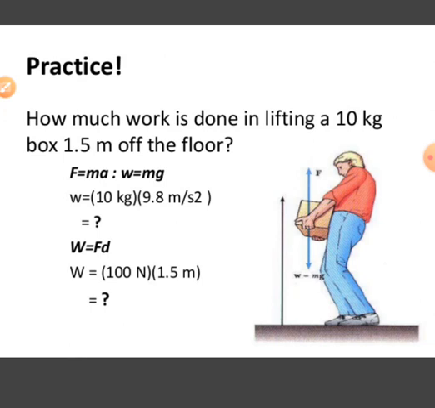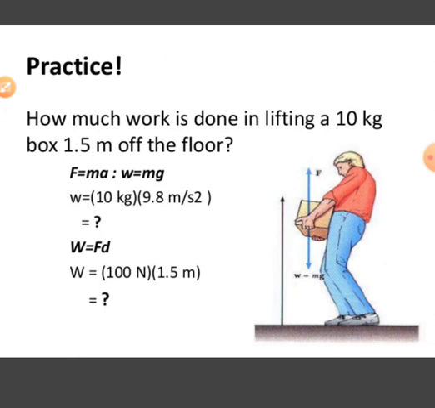If you look at this very well, don't forget force is the product of mass multiplied by acceleration, and it's also related to weight, which is equal to mass multiplied by the acceleration due to gravity. Here we are given the mass, 10 kg.